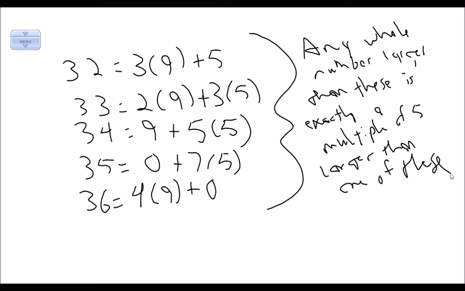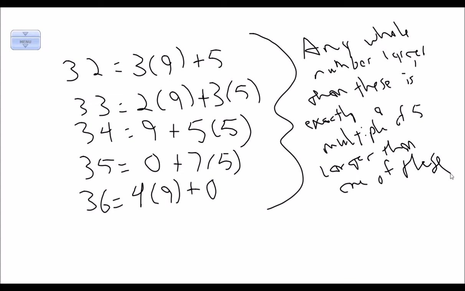Okay, so if I wanted 37, it's 5 plus 32. If I want 38, it's 5 plus 33. If I want 39, it's 5 plus 34. If I want 40, it's 5 plus 35. If I want 41, it's 5 plus 36. If I want 42, it's 2 times 5 plus 32, or 10 plus 32.